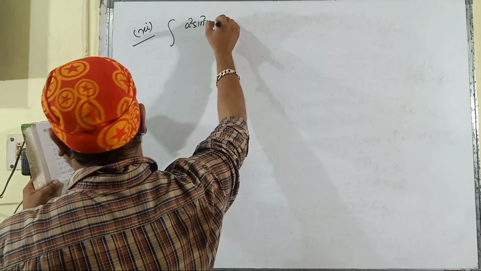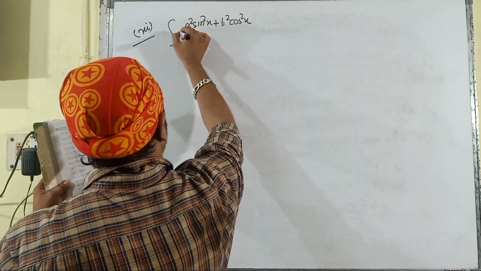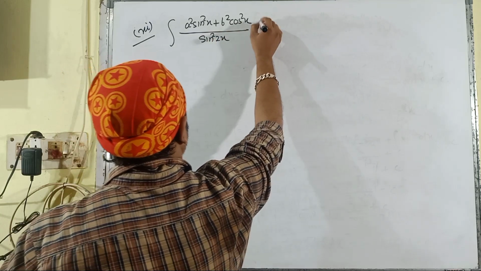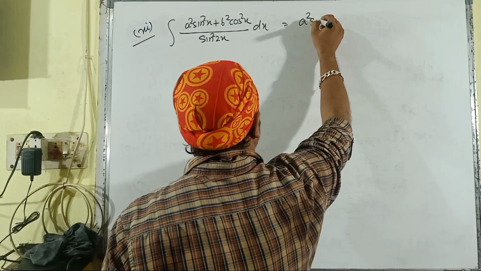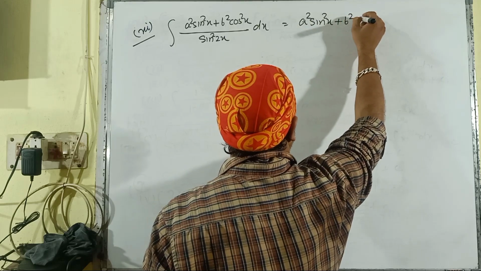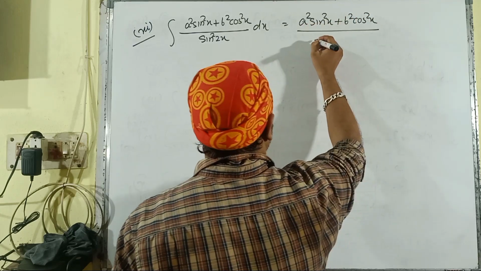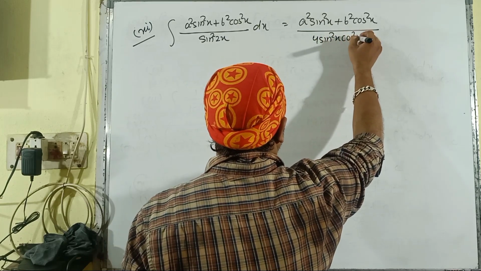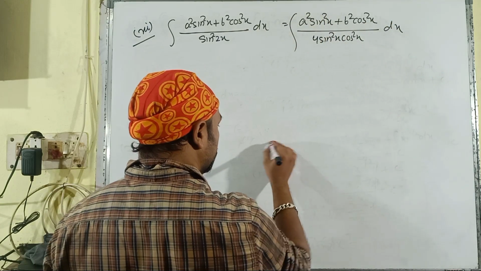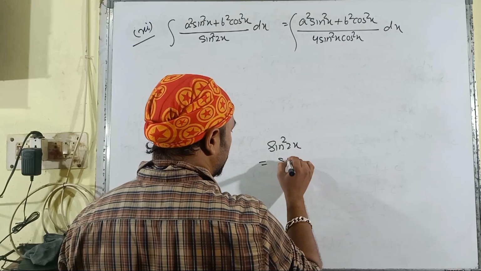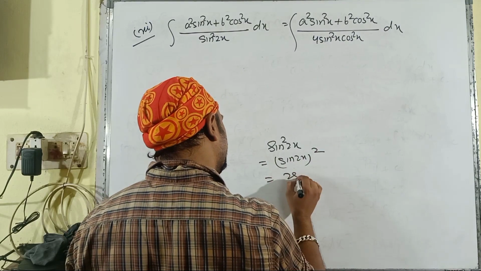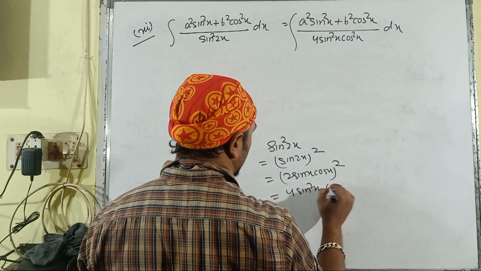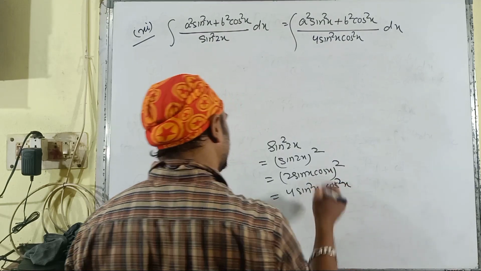Integral of (a² sin²x plus b² cos²x) whole divided by sin²2x. Sin²2x is the whole square of sin 2x, which is the whole square of 2 sin x cos x, that means it is 4 sin²x cos²x.